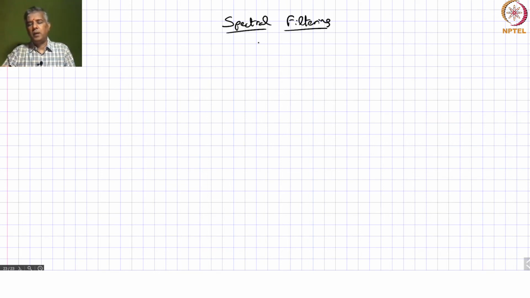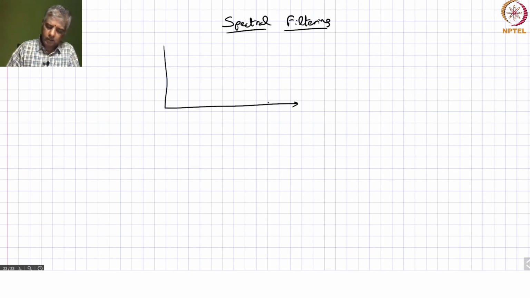okay. When you look at the signals that you want to typically pick up using a sensor, in a lot of cases you have a signal bandwidth. So, if you are looking at the spectrum of the signal, this is amplitude as a function of frequency, right.